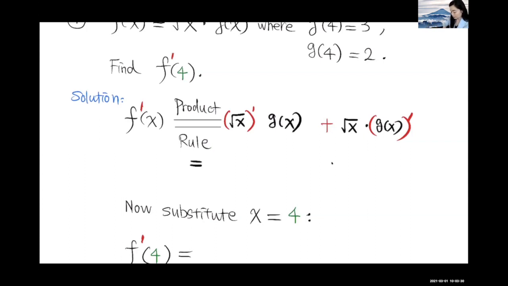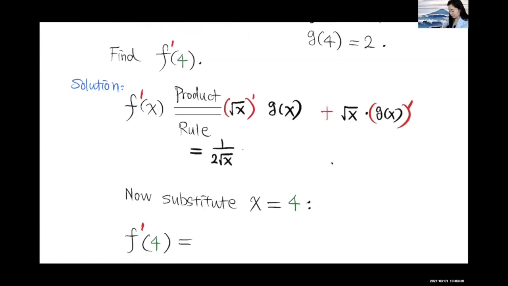Anyone? 1 over 2 square root of x, right? Okay. Remember, we said we try to remember it as a formula, okay? Now times g of x, adding square root of x here times the derivative of g.